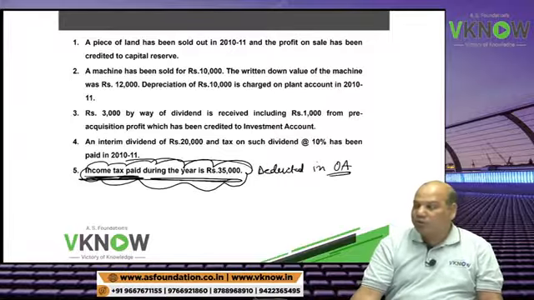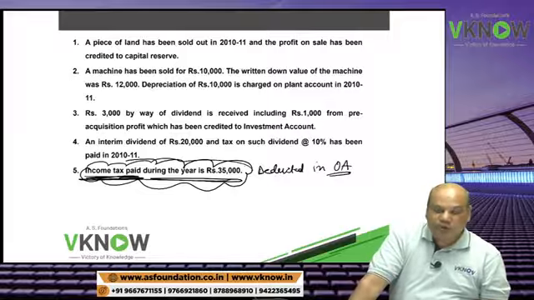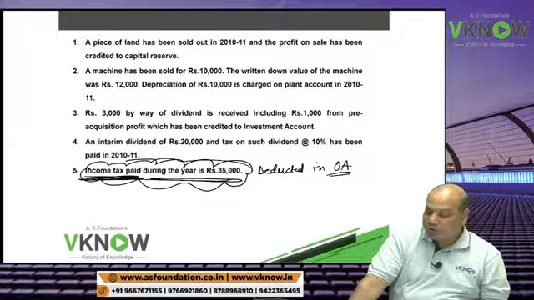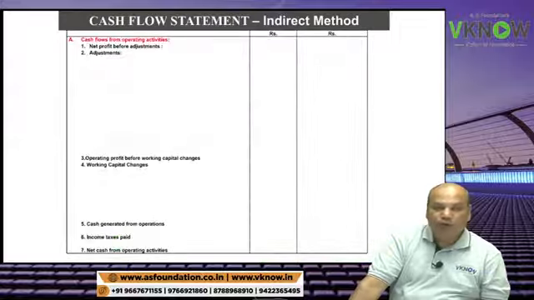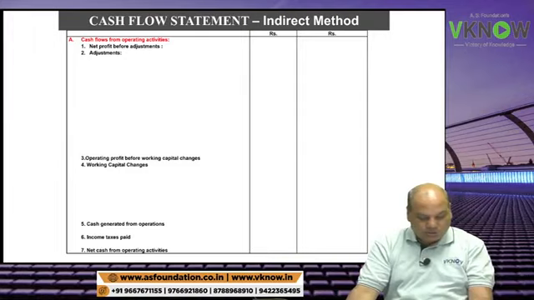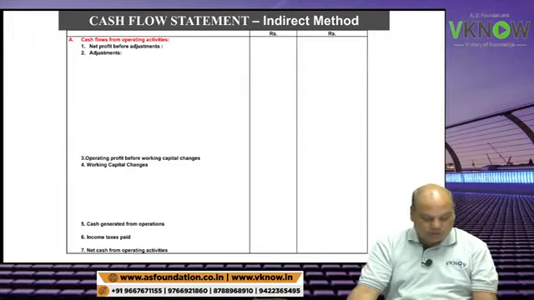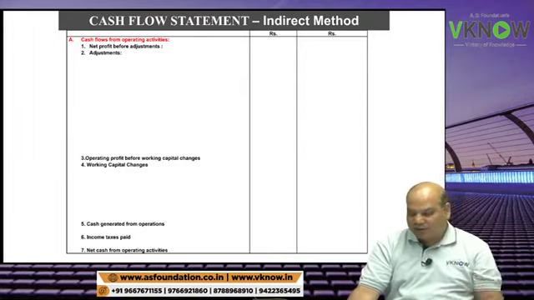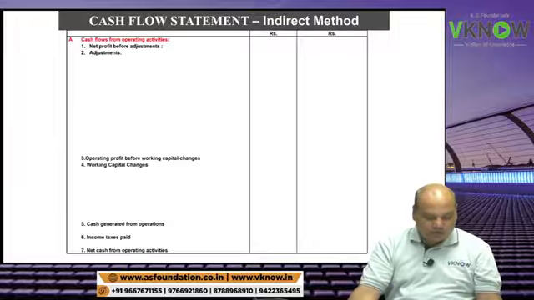Okay, so this is my question, very important question. So let us solve it together. And in this question, we would be required to prepare few working notes also to find out some missing figures or to understand better.